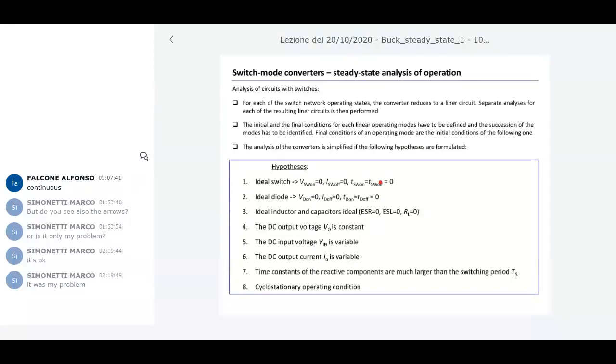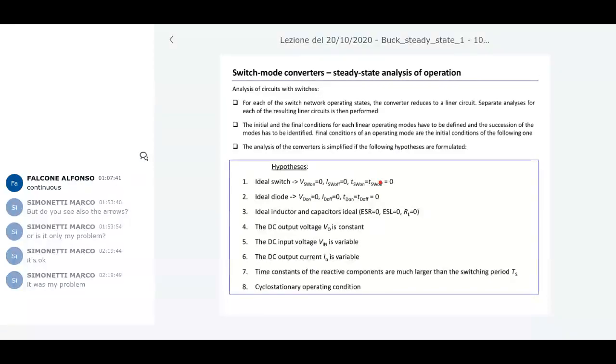Typically, the input voltage comes out from a rectifier, as I showed you before. So there is a small AC ripple, so the input voltage is not constant, it's not perfect. This is the reason also why I can put a capacitor across the input voltage, as I said before.